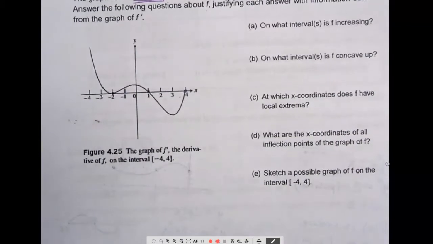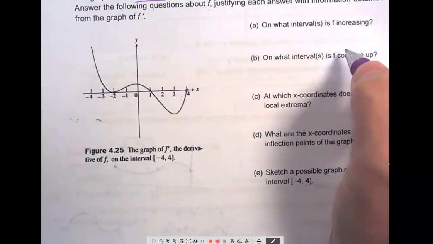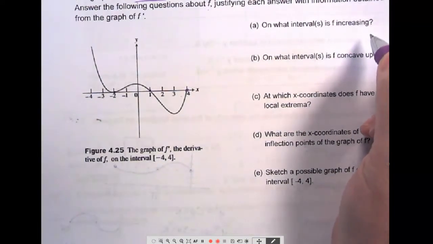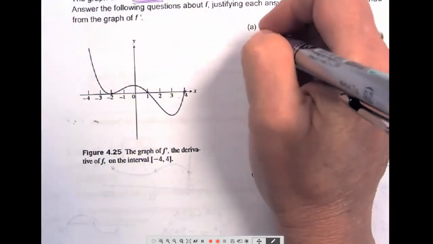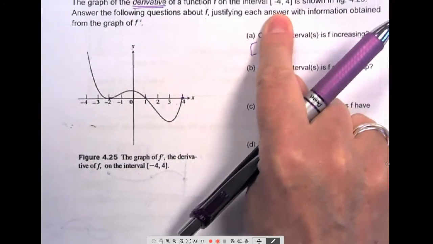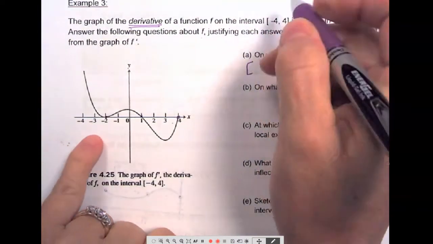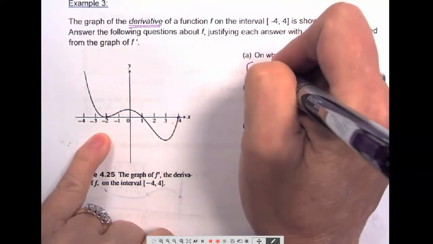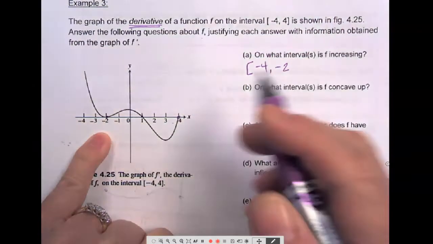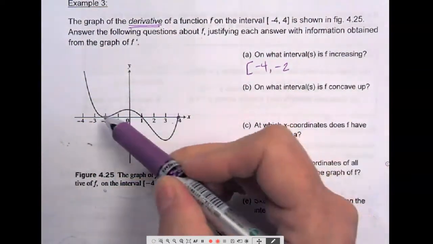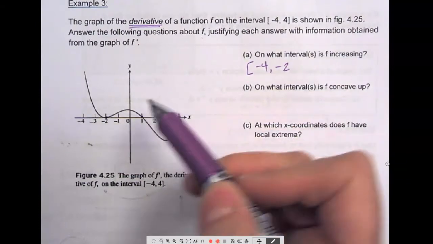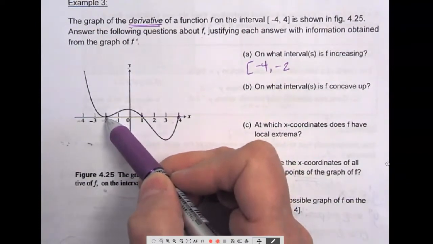Okay, so now let's go back and answer A. Where was the original function f increasing? Okay, and since this says on the interval -4 to 4, I'm going to use a bracket with -4 to -2. Now, can I just say -4 to 1? No, right, you have this 0 value here, which is not positive.